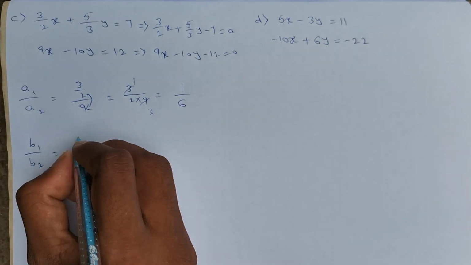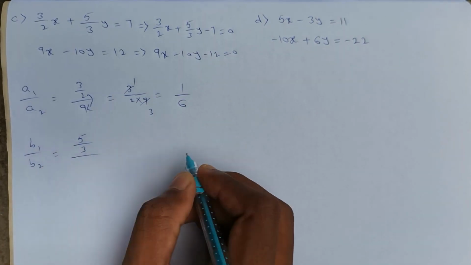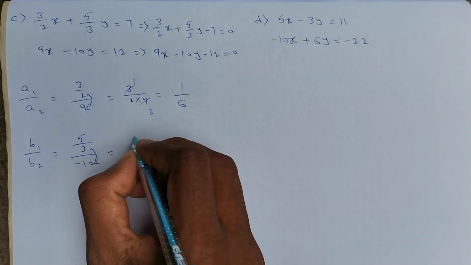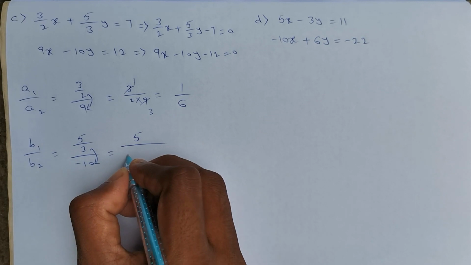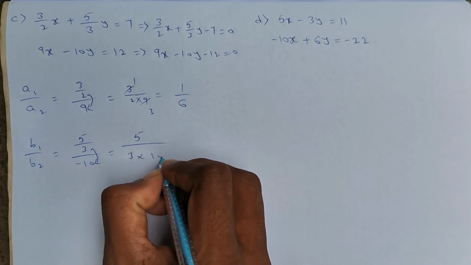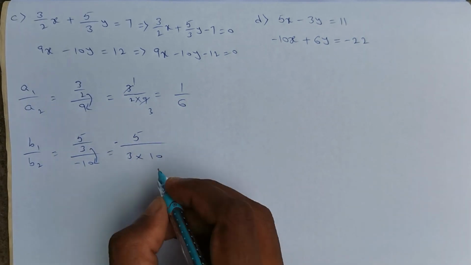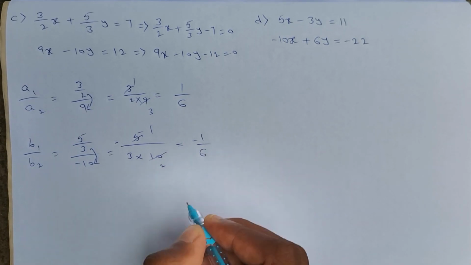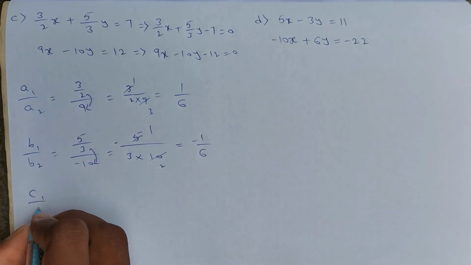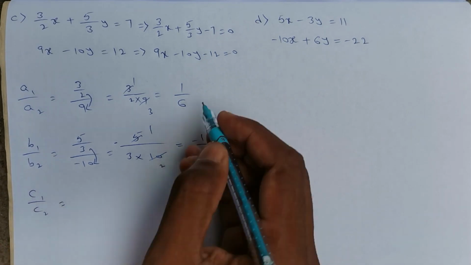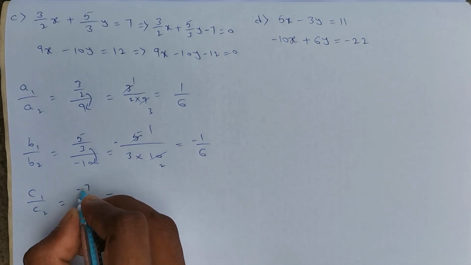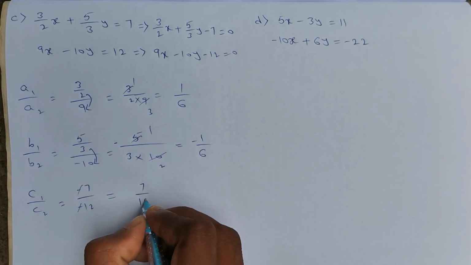Here b1 is 5/3 divided by b2 which is minus 10. The same way this 3 will come to the down, so we get 5 by 3 into 10. Here the minus symbol is there, so minus as it is. 5 1s are 5, 5 2s are 10, so we got minus 1 by 6. Next c1 by c2 is equal to, here c1 is minus 7 divided by c2 which is minus 12. Minus minus will get cancelled, so we remain with 7 by 12.